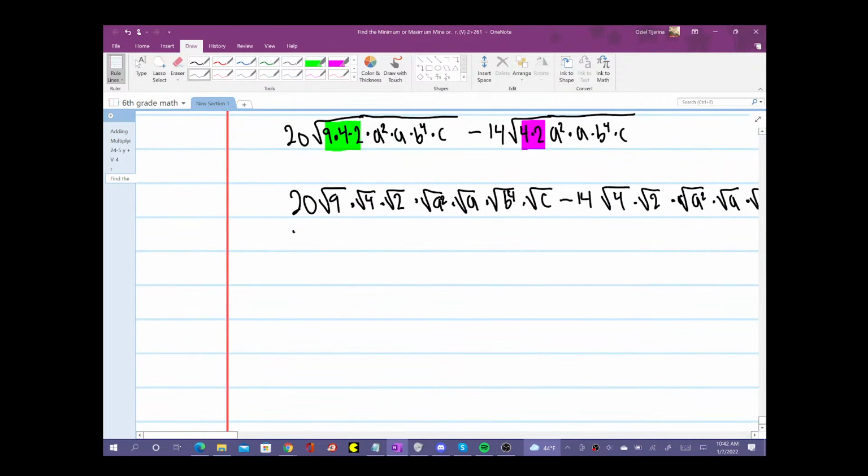So this becomes 20, the square root of 9 is 3, the square root of 4 is 2. We have the square root of 2 right here, because we can't simplify it any longer.